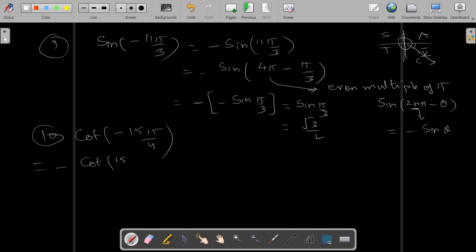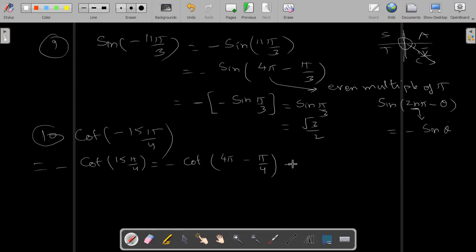15 pi by 4. Now check with the table of 4: 4 3s are 12, 3 we cannot take, 4 4s are 16. So we can write 4 4s are 16 minus 1, 15. So 4 pi, 4 4s are 16, minus pi by 4, and this will be in the fourth quadrant.